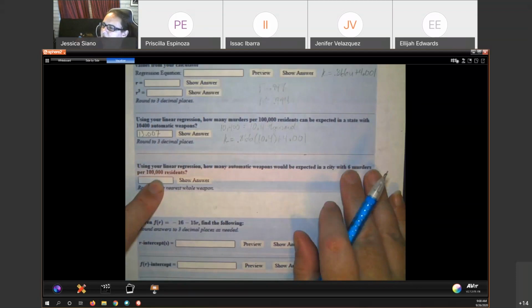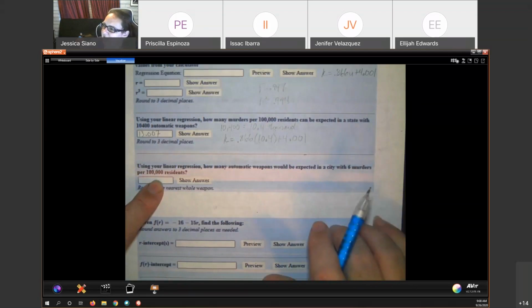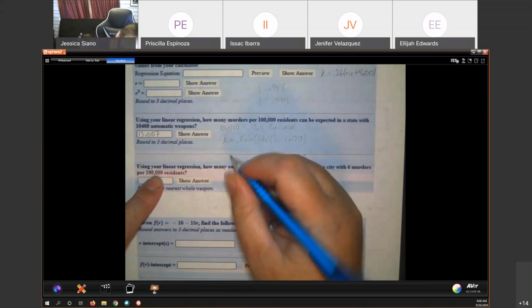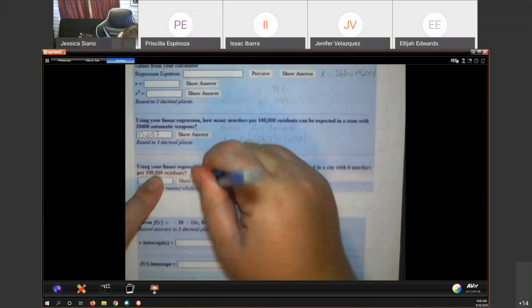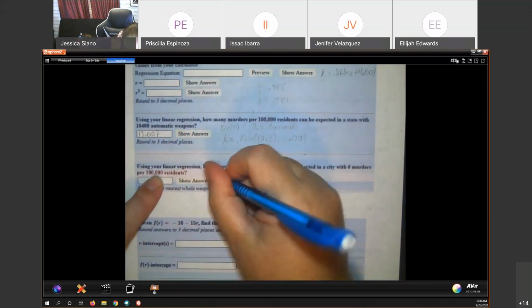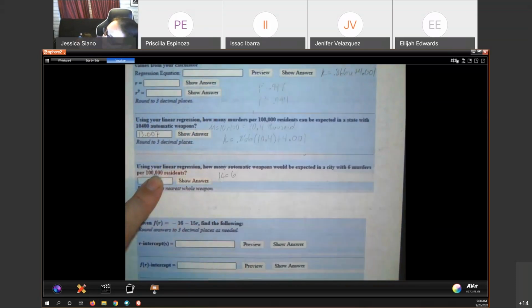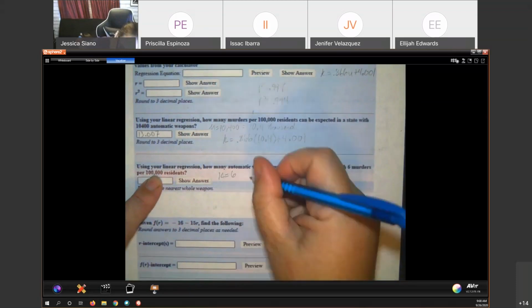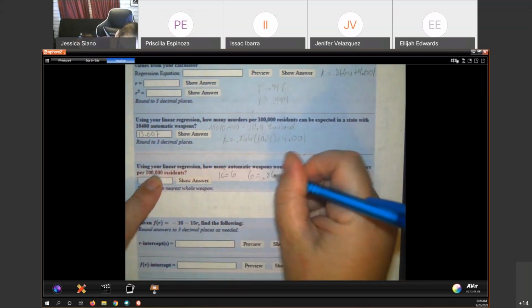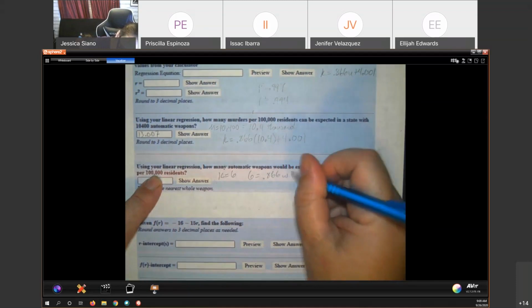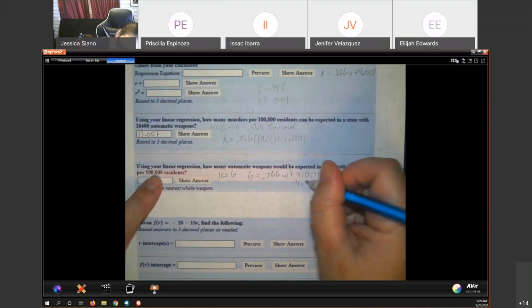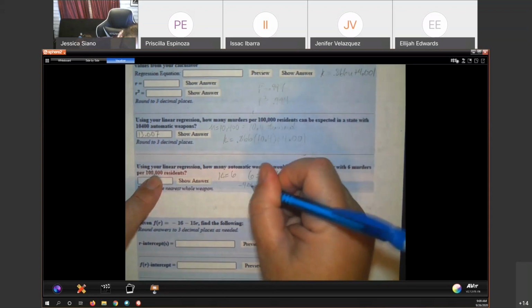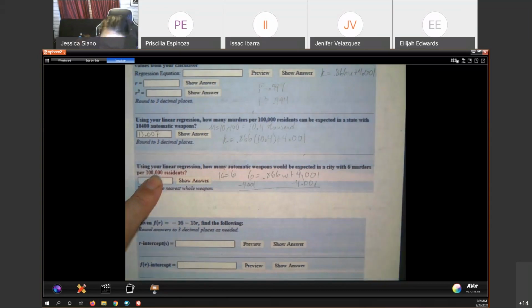Okay. How many automatic weapons would you expect in a city with 6 murders? So then this would be M is 6. No, this would be K is 6. This one was M. So then we would say 6 equals 0.866 W plus 4.001. Subtract the 4.001. It's going to be 1.999, I think.